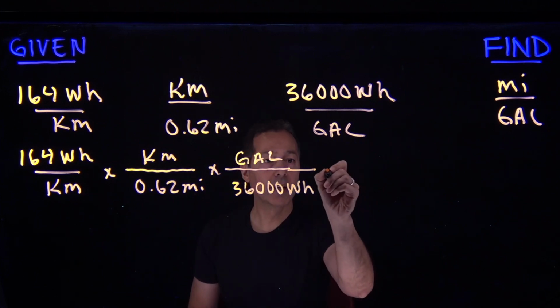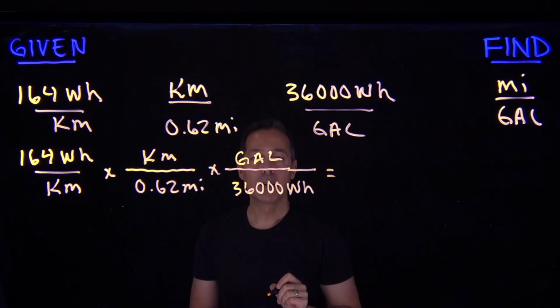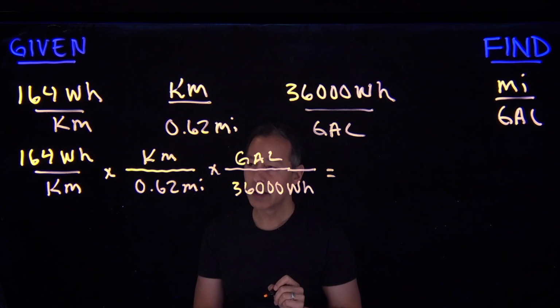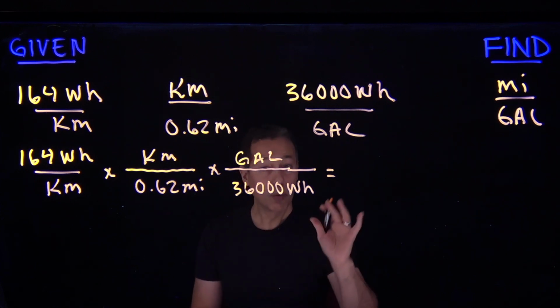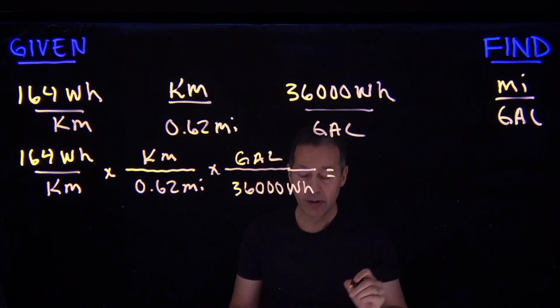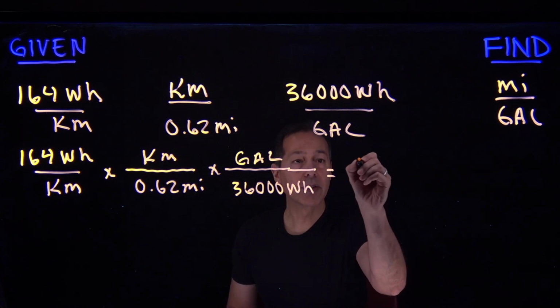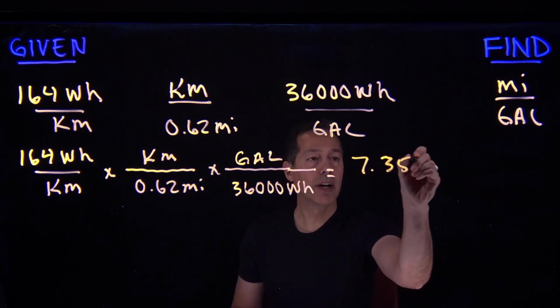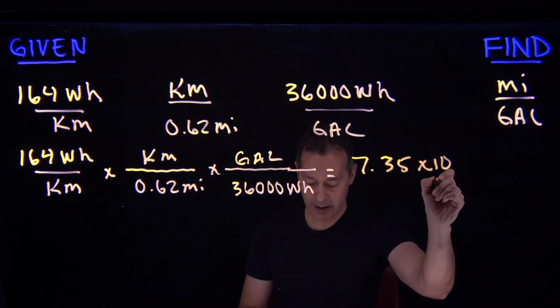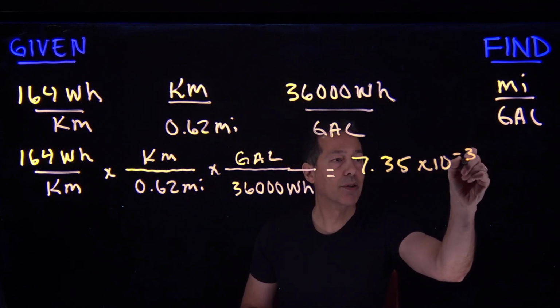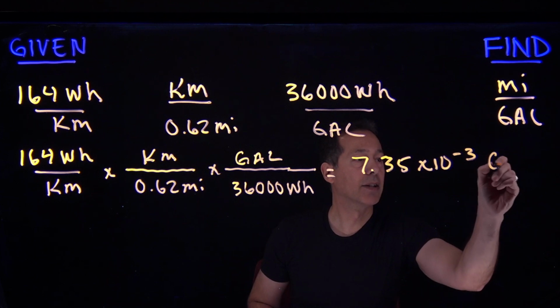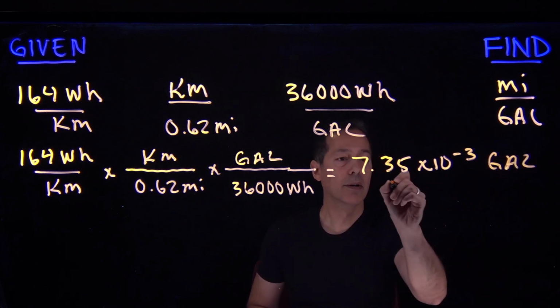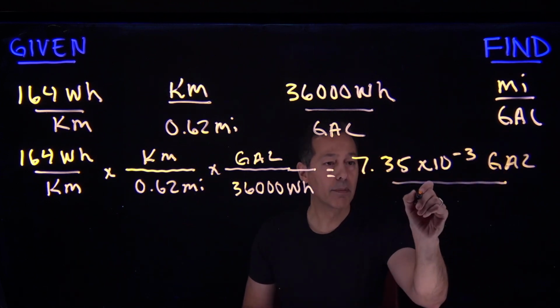And then if I, let's see, if I plug all that into my calculator here, what I ended up with then was 7.35 times 10 to the minus third gallons per mile.